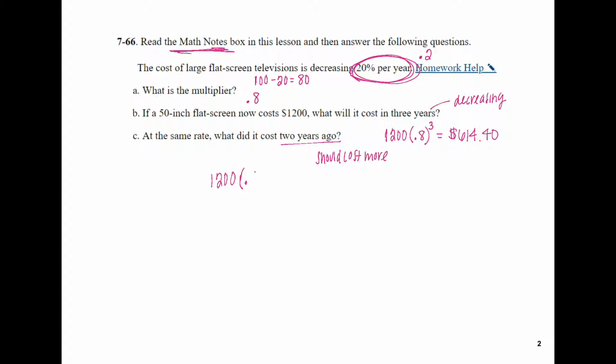We know our multiplier is 0.8. None of that is going to change. But if we want to talk about 2 years prior, we're going to use a -2 as our exponent. So when we type this into the calculator, we can see that the TV 2 years prior cost $1,875.